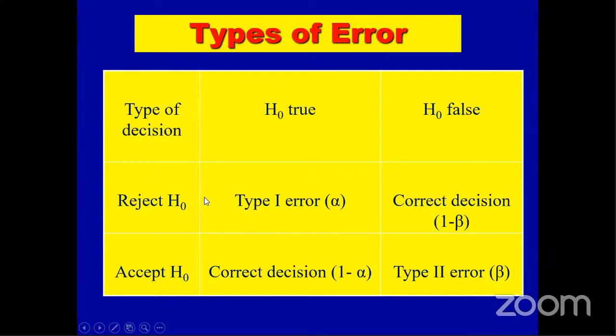When H naught is false and we reject it, this is a correct decision. When you accept H naught when it is true, that is a correct decision. When H naught is false and we accept it, there comes the picture of type 1 and type 2 errors.